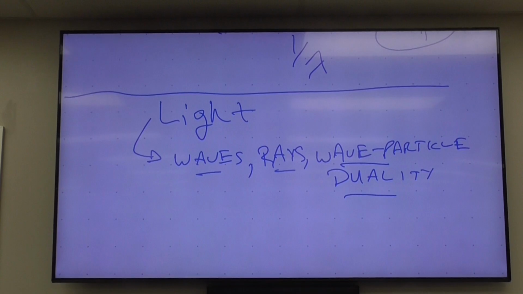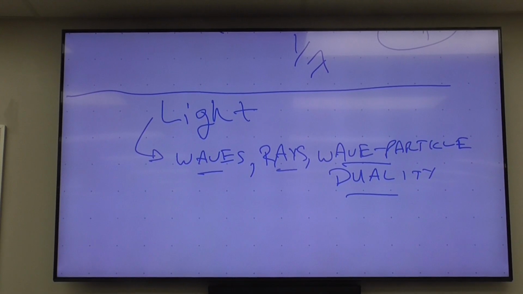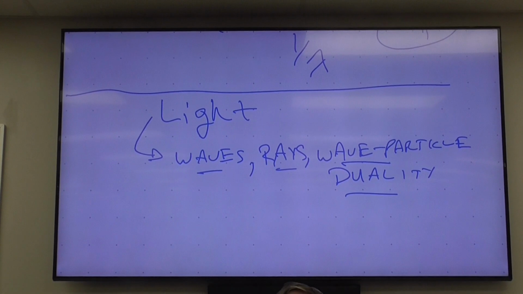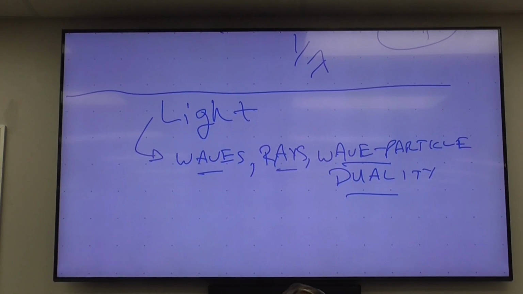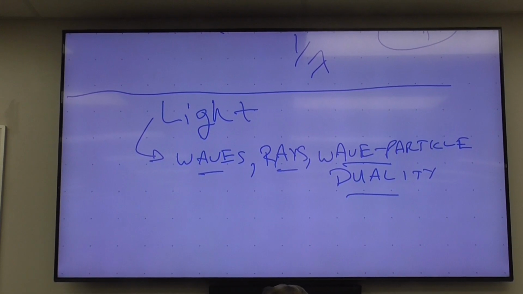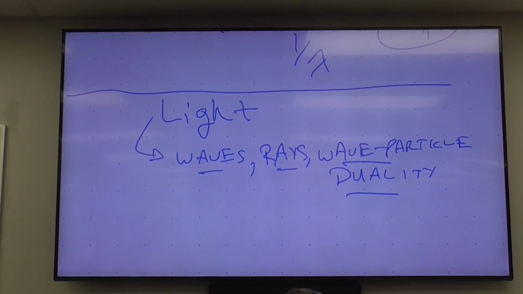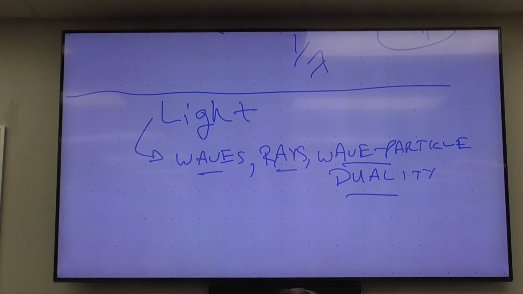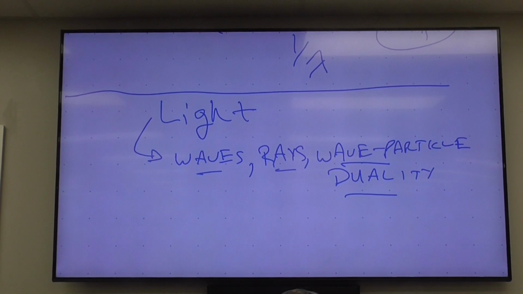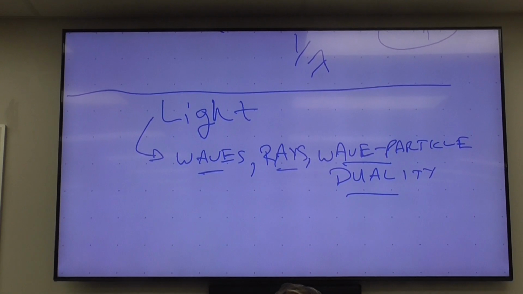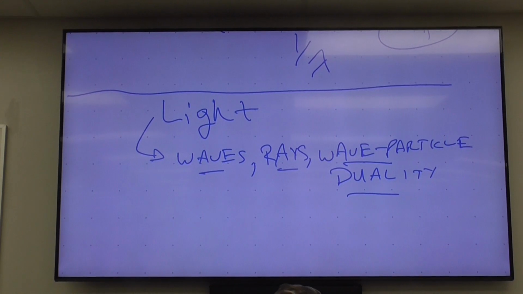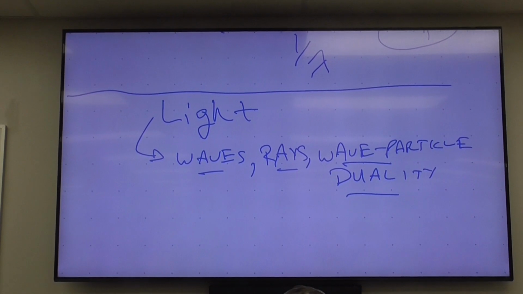So when you look at light, one of the great debates about the nature of light is that you had 3 different ideas. You had the wave theory, you had the ray theory, and then you ended up with what's called the wave-particle duality. And depending upon how you observe light, you can make an argument for all 3.